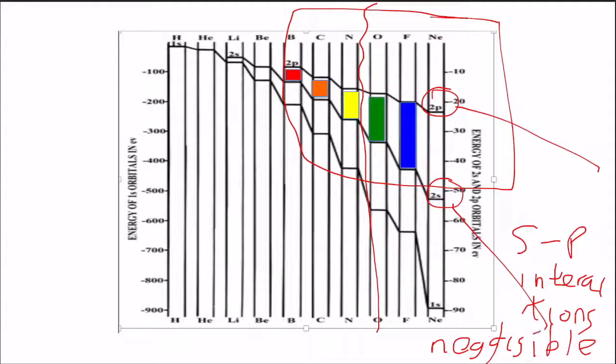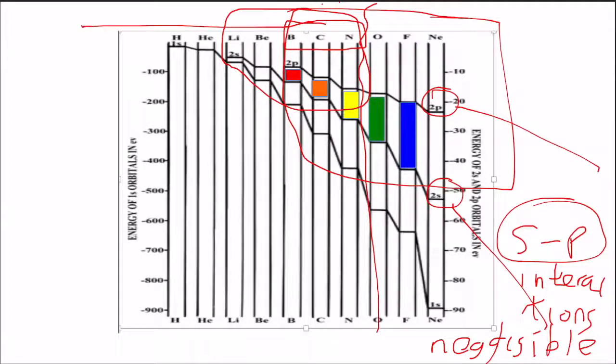Okay? Sorry, my pen is not working, so I'm writing with my finger. But the sp interactions are going to be negligible as you go to larger atoms, but for these atoms, particularly B, C, N, we have some sp interaction.